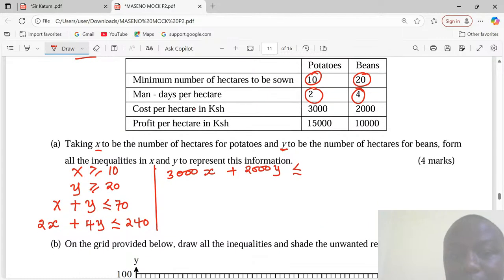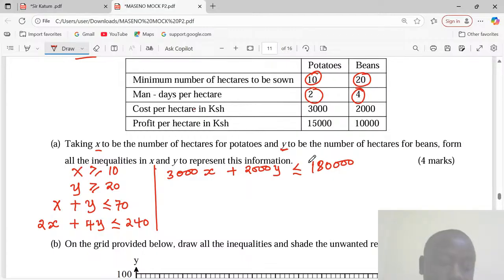So the amount spent on potatoes and the amount spent on beans can either be 180 or something below that, because he can't spend anything that he doesn't have. But from what he has, he can even make savings. So these are the inequalities.